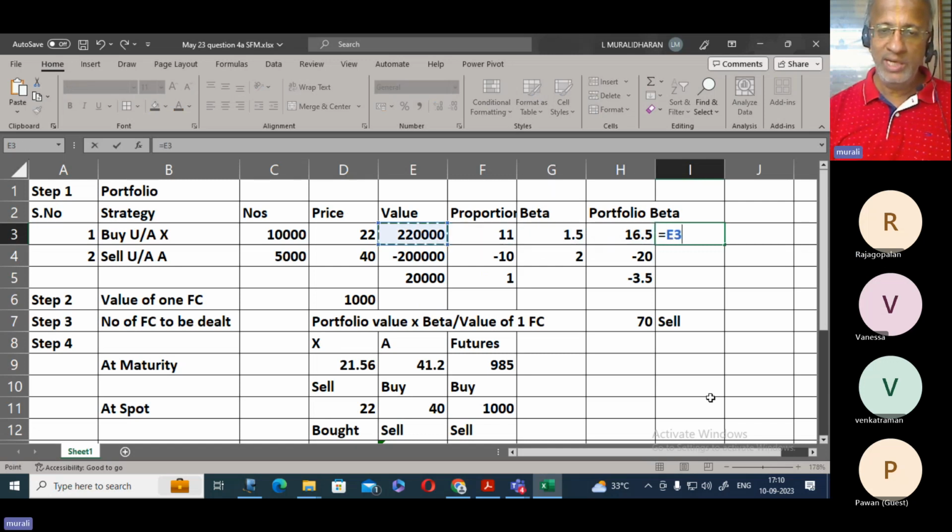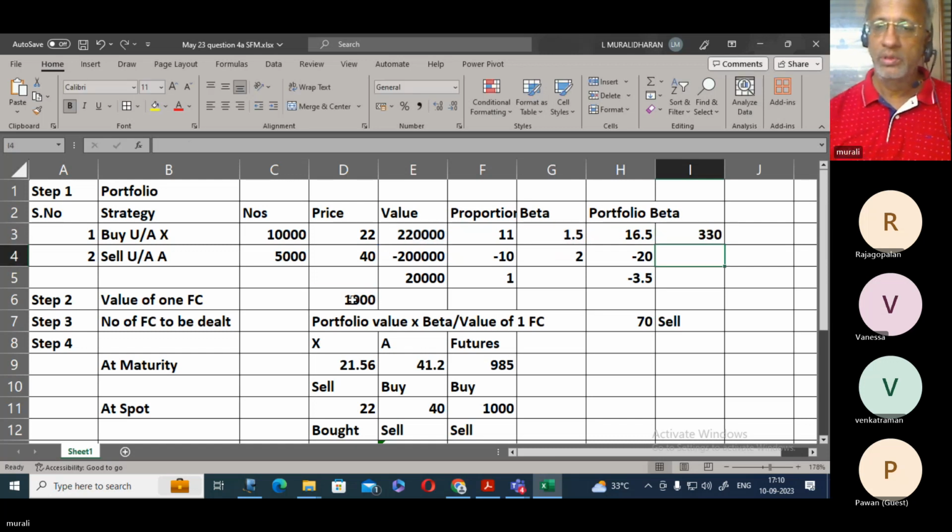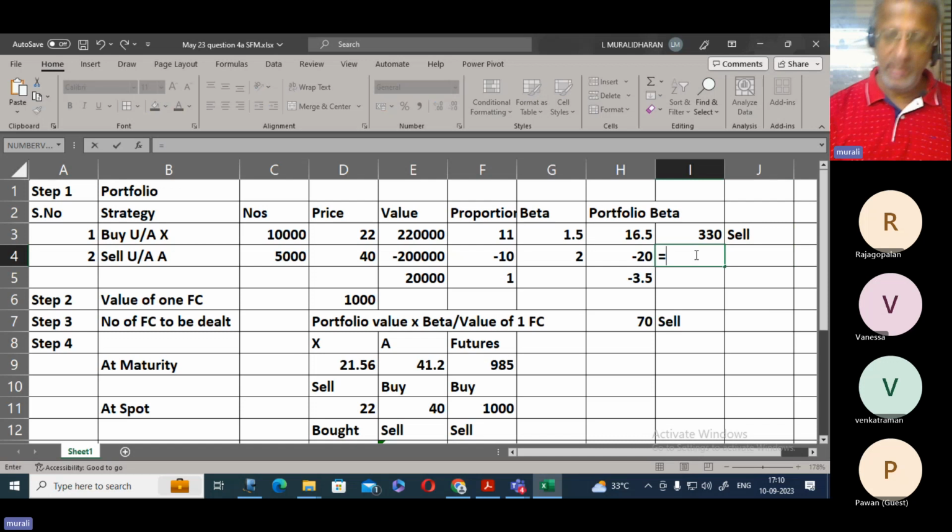So it is 2,20,000 into this beta divided by 1,000. 330, since this is bought, this is sell. Correct. Here we will have it done: 2 lakhs multiplied by 2 divided by 1,000.